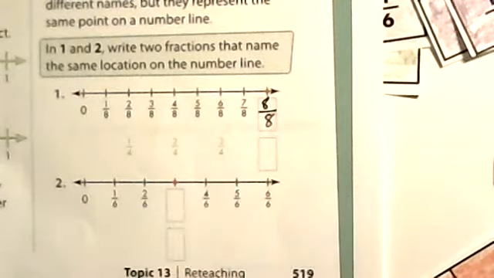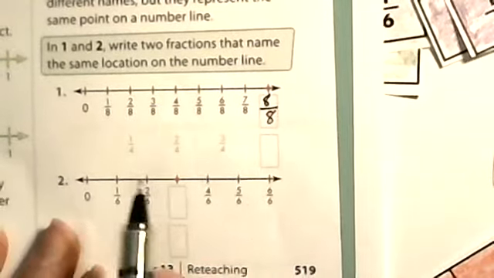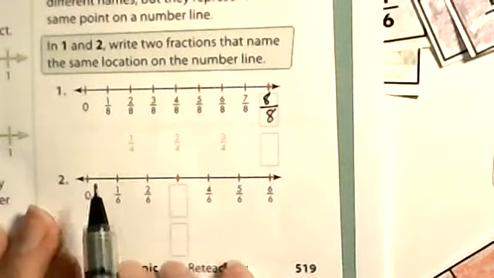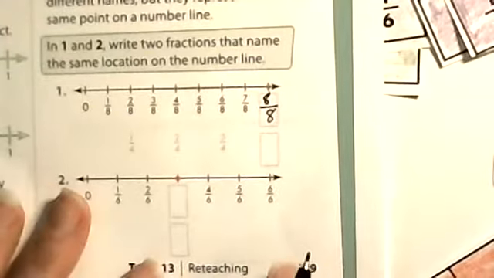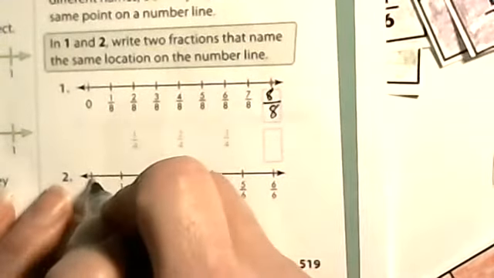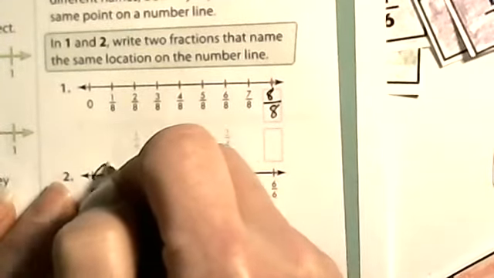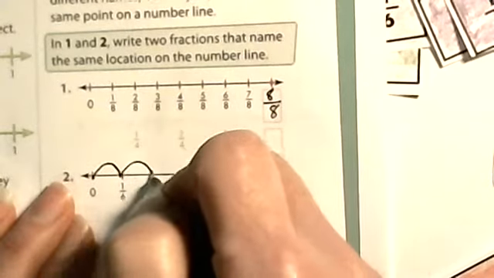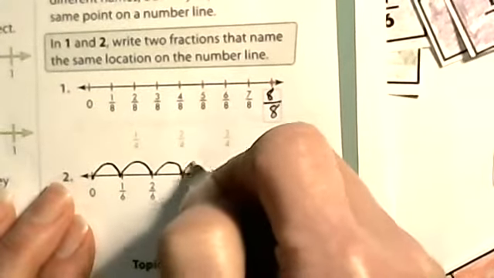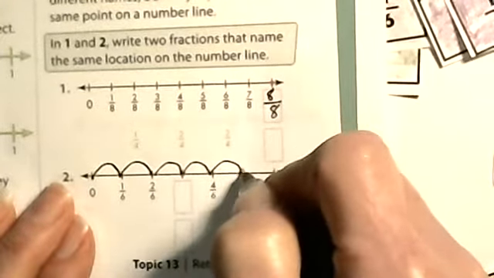When you have a numerator and denominator the same, that's one whole. Now here they have it broken up into, and again, to figure out how many pieces they have it broken up, you don't start there. You go 1, 2, 3, 4, 5, 6.